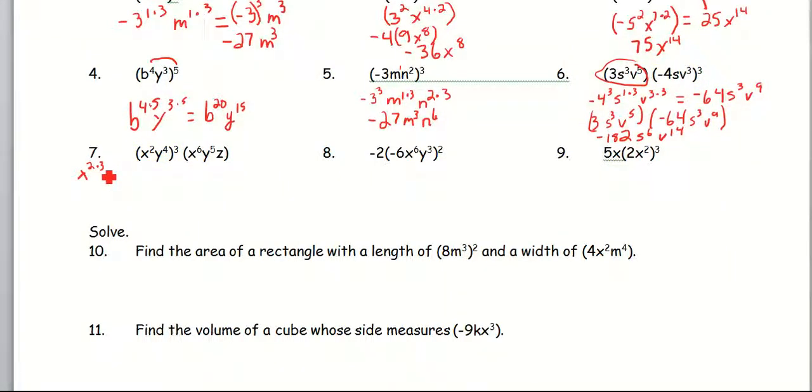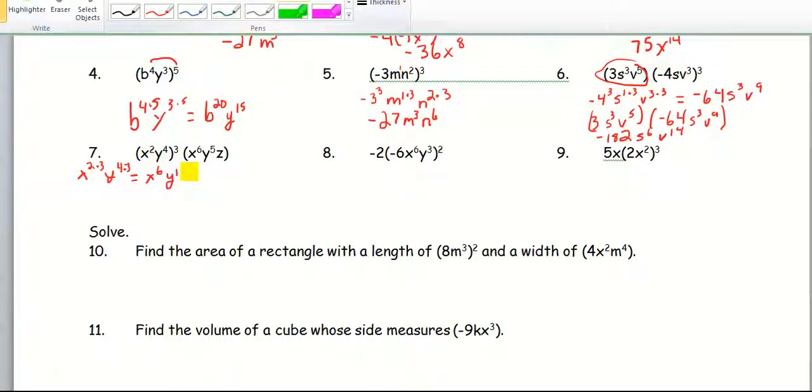Y to the fourth times 3, and that is x to the sixth, y to the 12th. Just so you can see, that is the same thing right here.